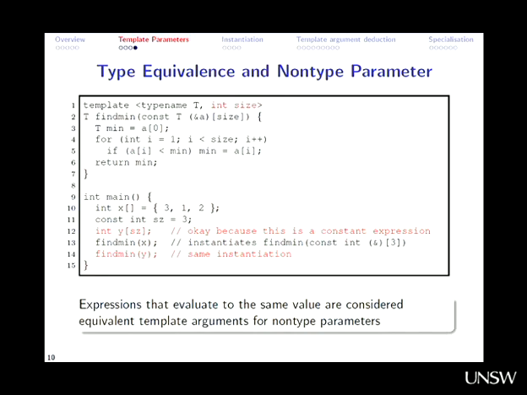So in this example, even though there are 2 calls to find min, only 1 is generated because the find min that's required is the same one. Expressions that evaluate to the same value are considered equivalent template arguments for non-type parameters. So the size, the non-type parameter, evaluated to the same thing. It works.